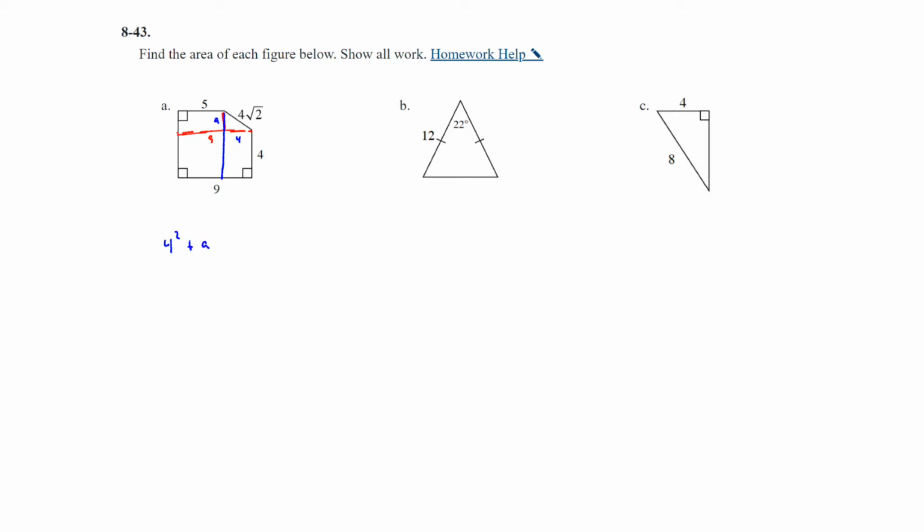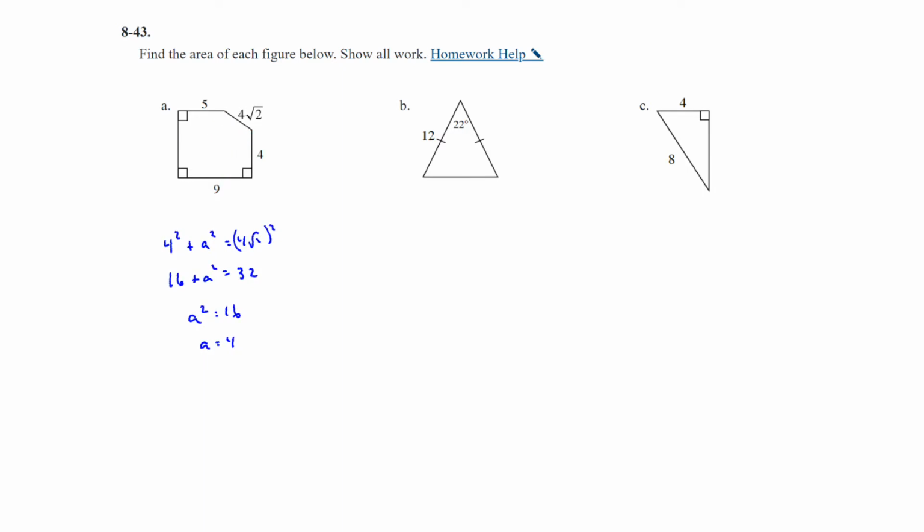That's A, so 4 squared plus A squared is equal to 4 square root of 2 squared. That's 16 plus A squared is equal to, that would be 4 squared is 16, square root of 2 squared is 2, so that's 32. Subtract 16, take the square root, and we get A is equal to 4. So let me clean this up a little bit.